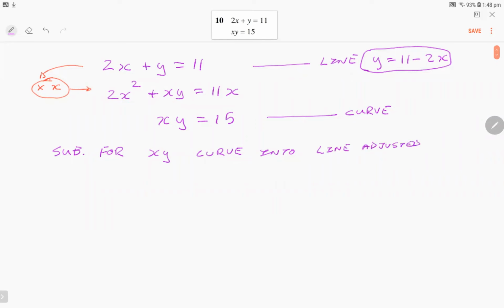I'll show you another method. Substitute for the xy, and when I do that, I get 2x squared, where the xy was I just put 15, equals 11x.